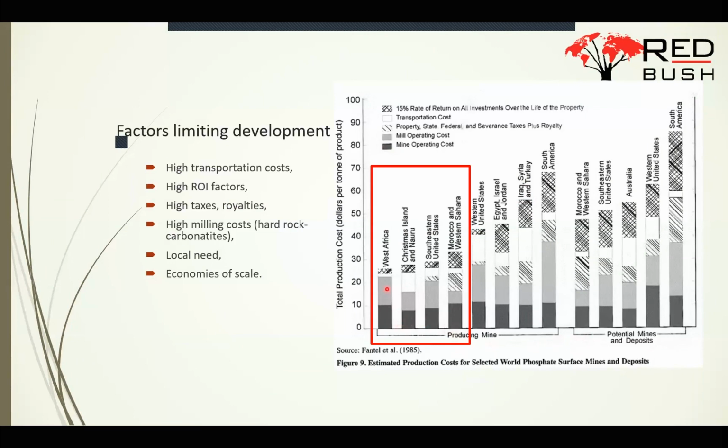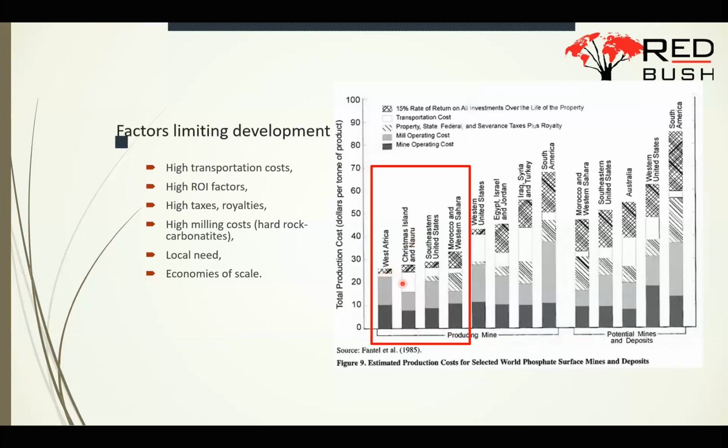The West African ones are Togo and Senegal, very, very low cost operations. Most of the cost, partly because transport to the port is almost nothing, because literally Taiba is a few tens of kilometers north of the biggest port in West Africa.